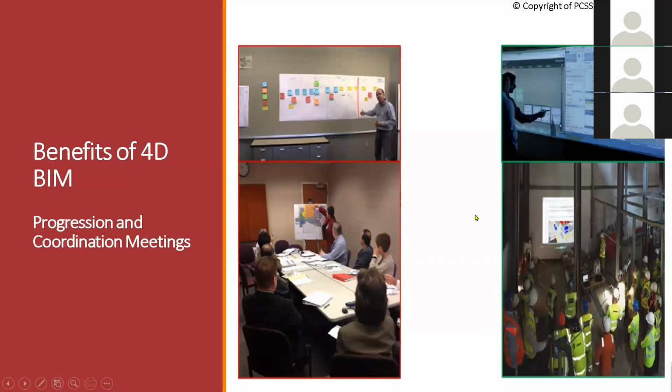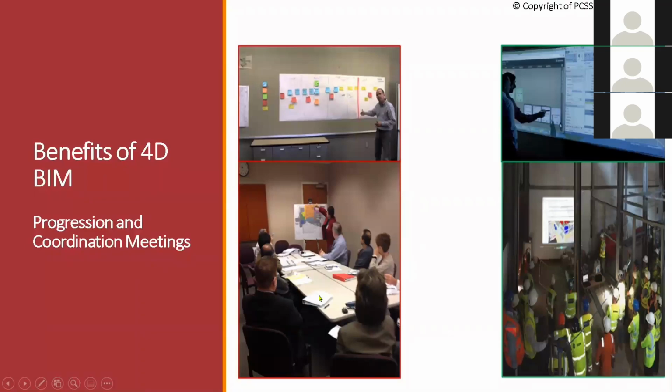Okay, take a look at this picture on your left. This is the traditional method of how meetings are held. You can see they use sticky notes to explain during the meeting. And below, you can see that on the tables there are files and papers, right?